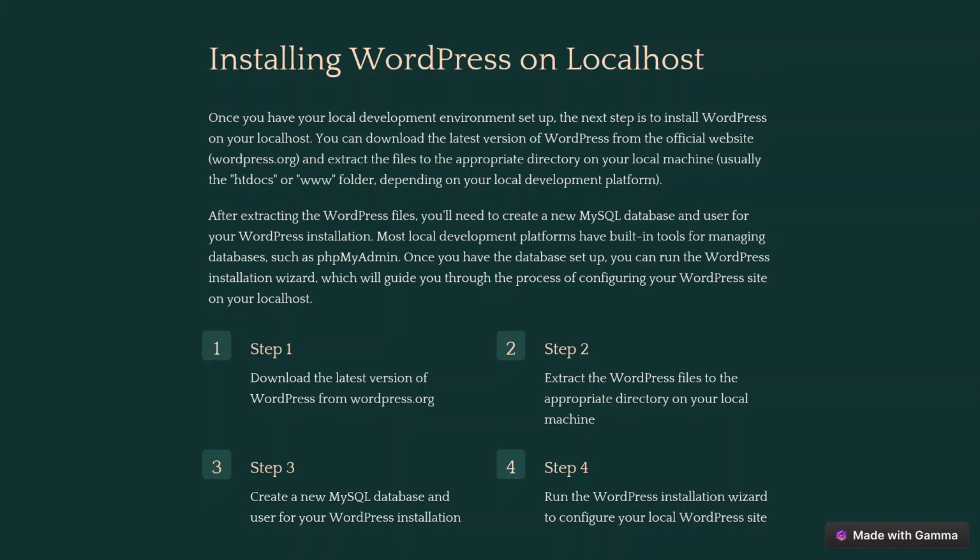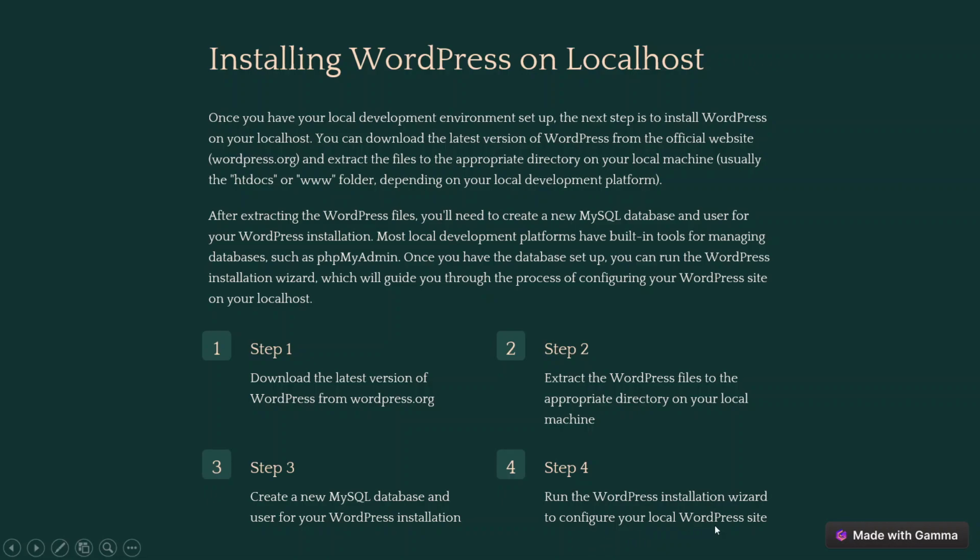Once we have the database set up, we can run the WordPress installation wizard, which will guide us through configuring our WordPress site on our localhost. So this is the scenario. Step 1, download the latest version, extract the WordPress files to the appropriate directory on the local machine, create a new MySQL database and user for the WordPress installation, and run the WordPress installation wizard to configure our local WordPress site.